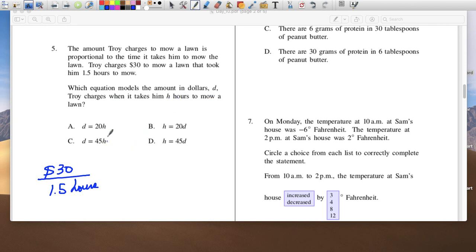Okay, so trying to figure this out. So the total D is, and then we can simplify, find the unit rate here, right? Divide this by 1.5 and divide this by 1.5. 30 divided by 1.5, hang on a second.